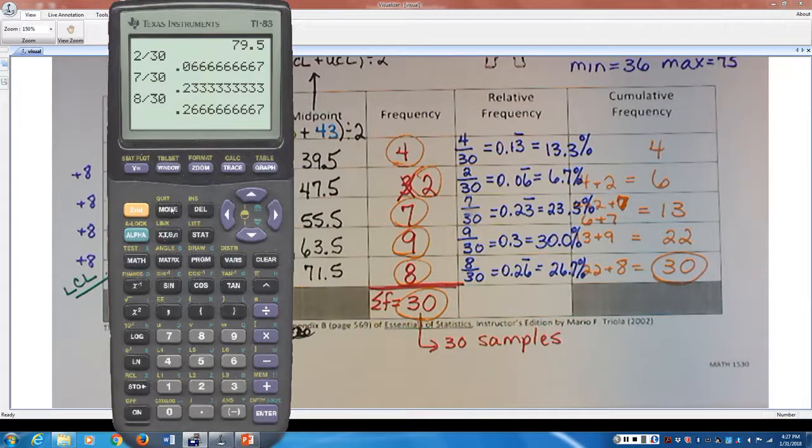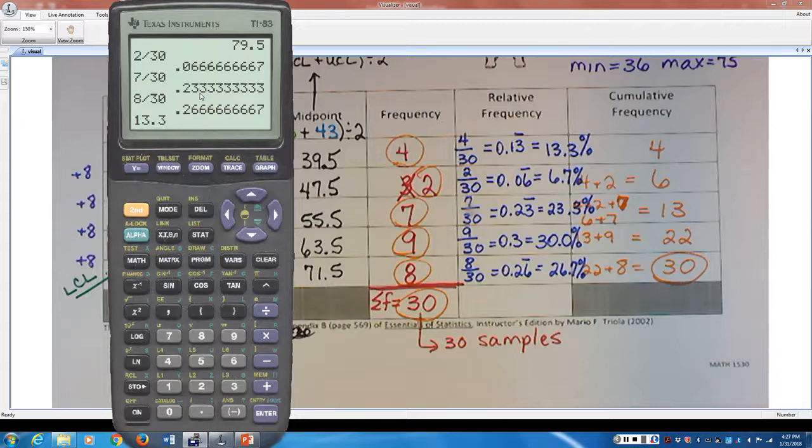Why did you round up to 6.7, but you didn't round up the other one? Okay, because for the 26.6, the 6 is going to repeat. The next decimal is more than 5, so you round up on the last decimal place. You didn't do it up here on 7 over 30 because that's 23.33333.